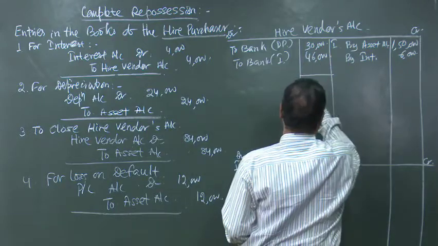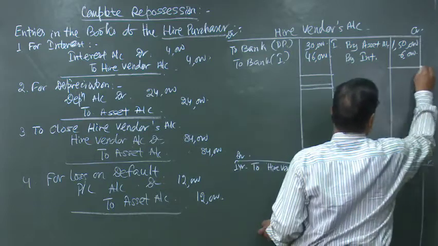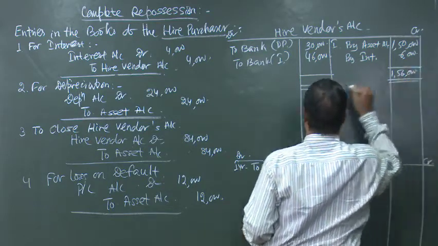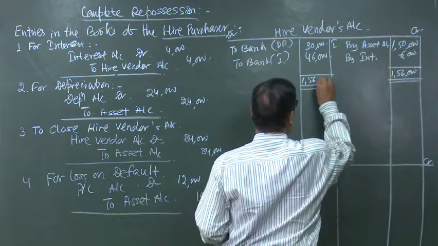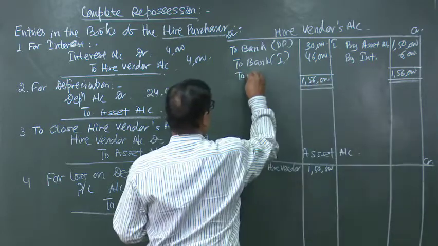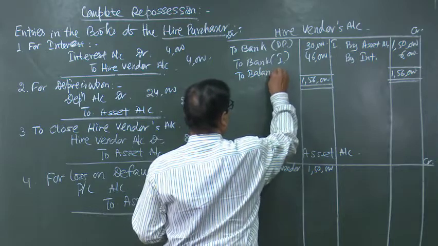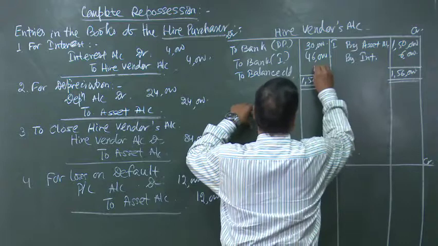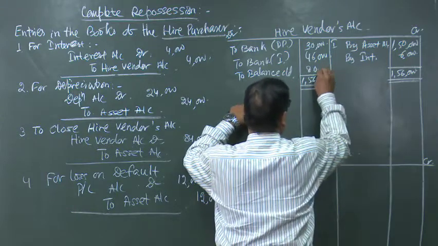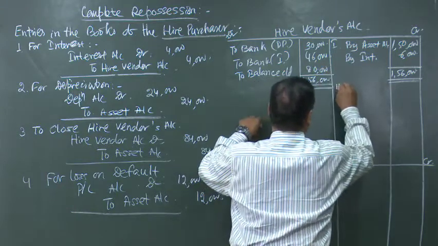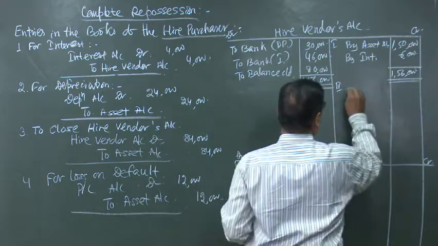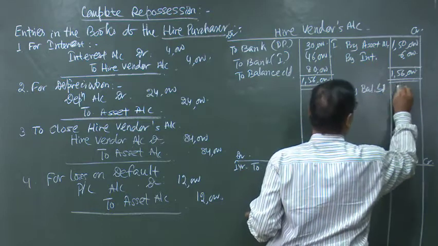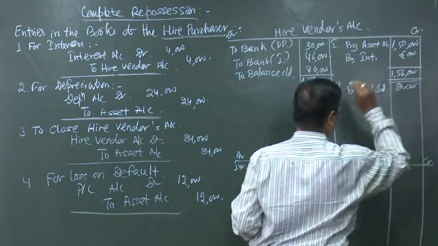Therefore, to balance carried down at the end of the first year, it is coming to 80,000. So in the second year beginning, it is by balance brought down 80,000.